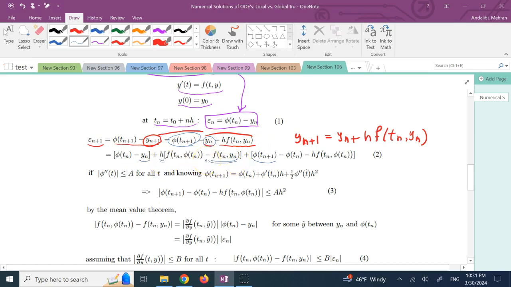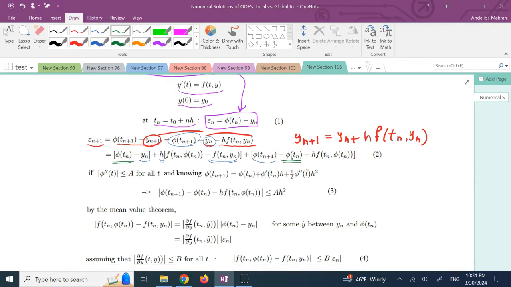So what have we added? Let's take a look. The terms we have added and subtracted to keep it the same as before are this positive phi of tn and this negative phi of tn. We added that, yes.